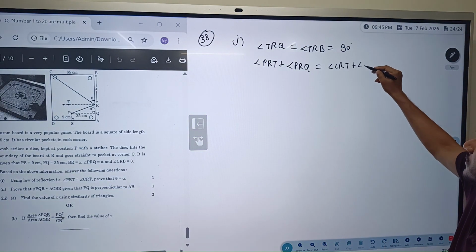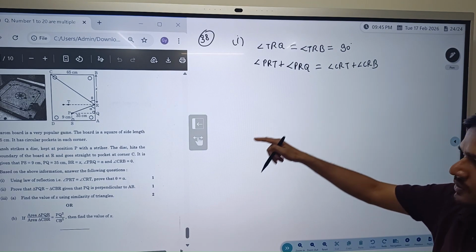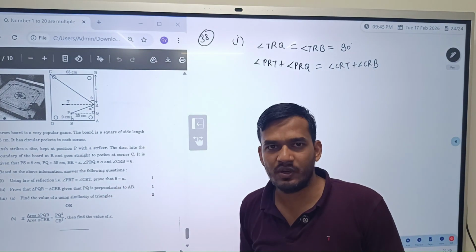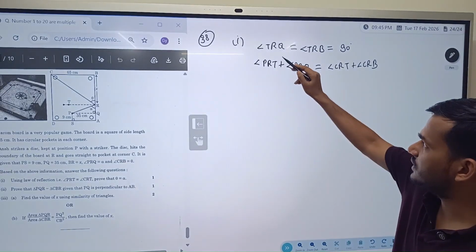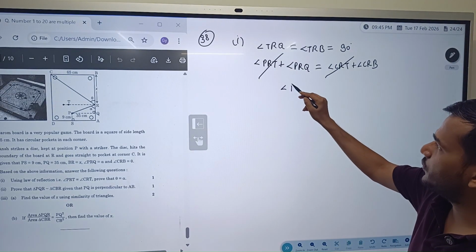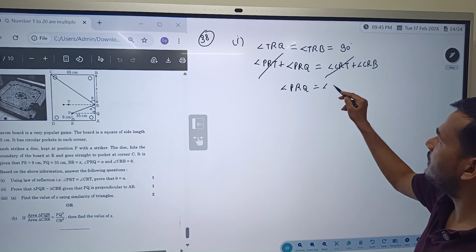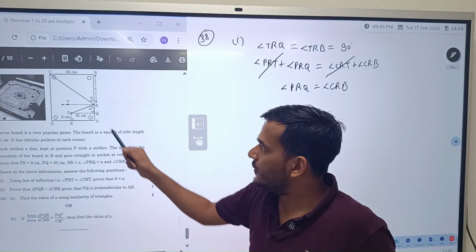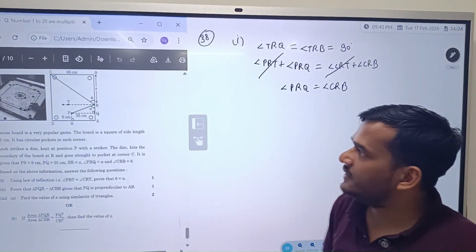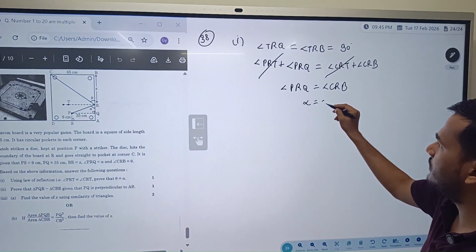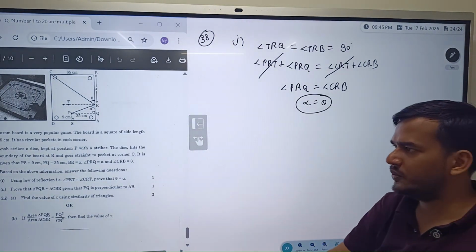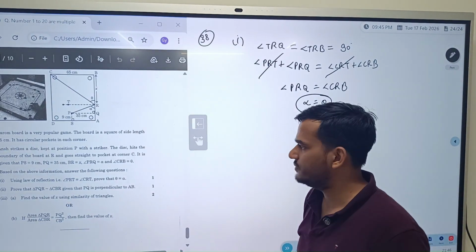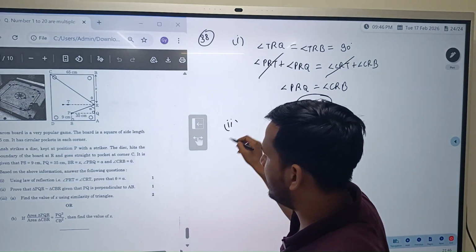Since PRT is equal to CRT, these two angles cancel. So PRQ is equal to angle CRB. PRQ is alpha and CRB is theta, so alpha is equal to theta. This is what we had to prove in the first part. So this is okay.